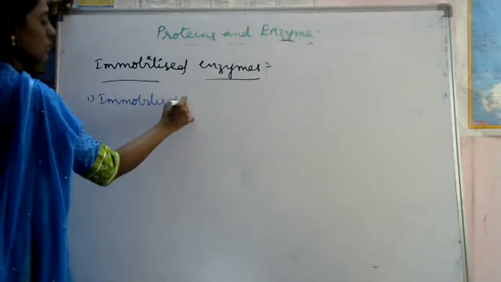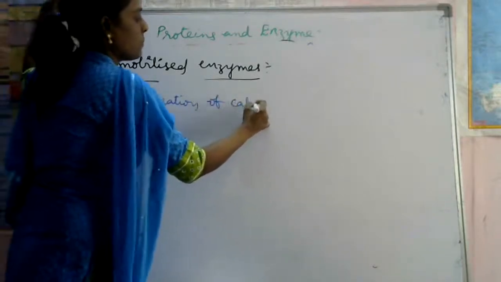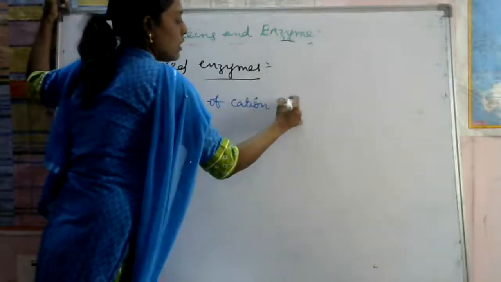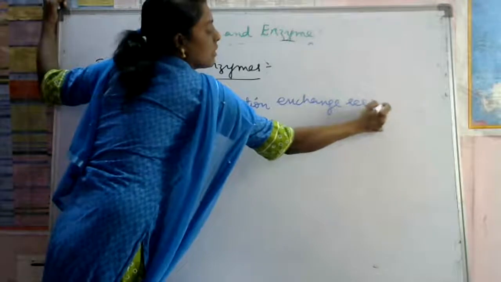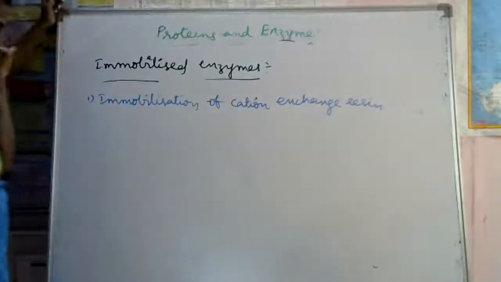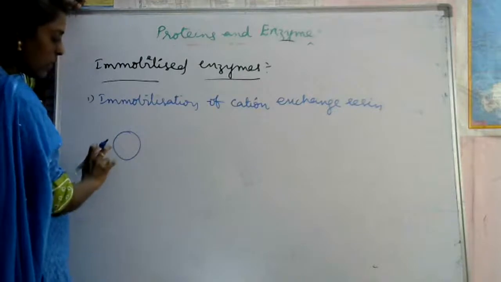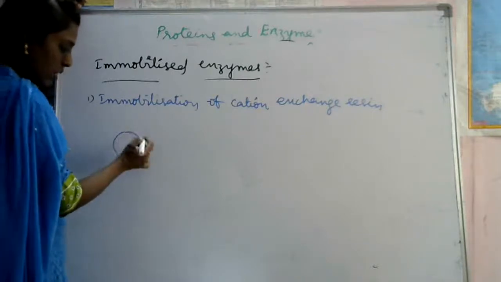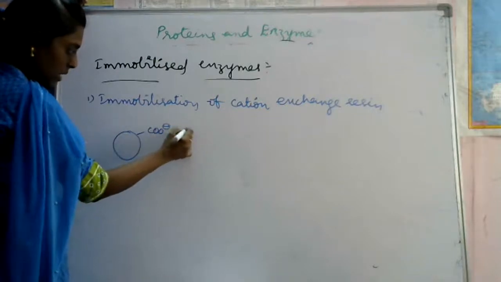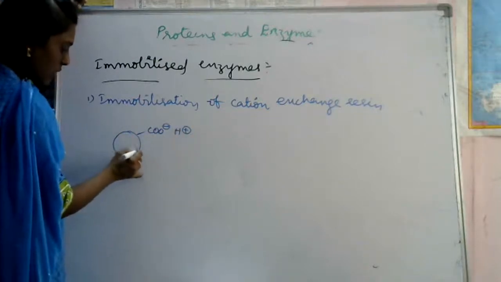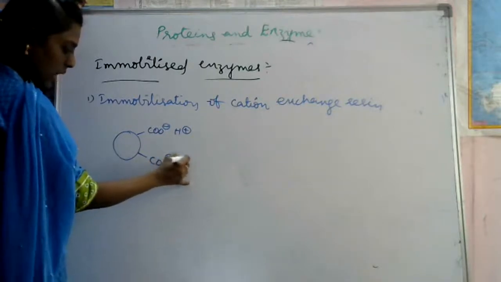This is the solid polymer, which has a carboxylic group, COO minus H plus acid.